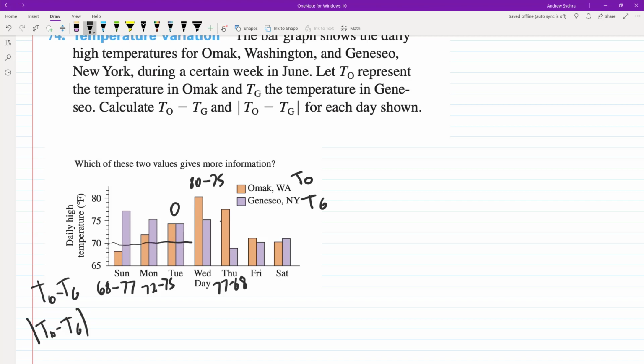This sucks. I don't even have a ruler on me. I'll guess this is 71. Sorry. All right.